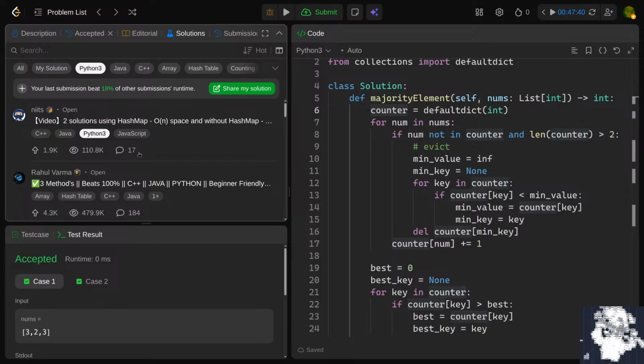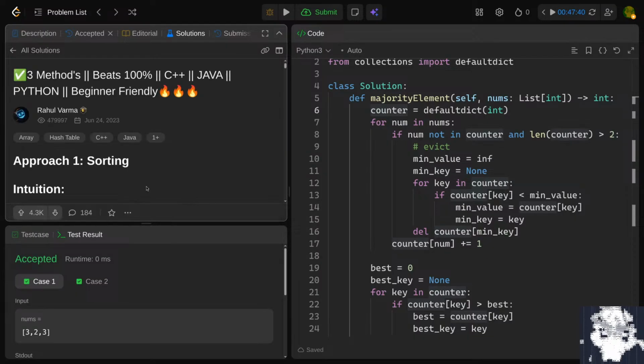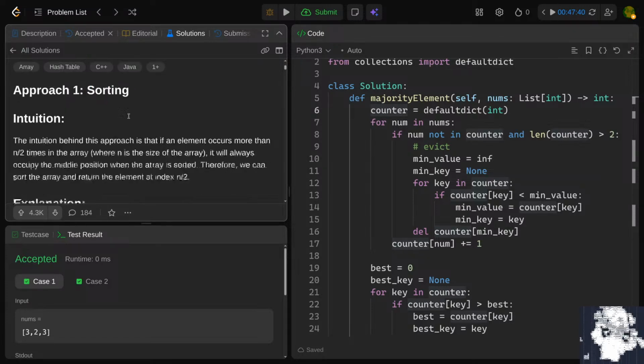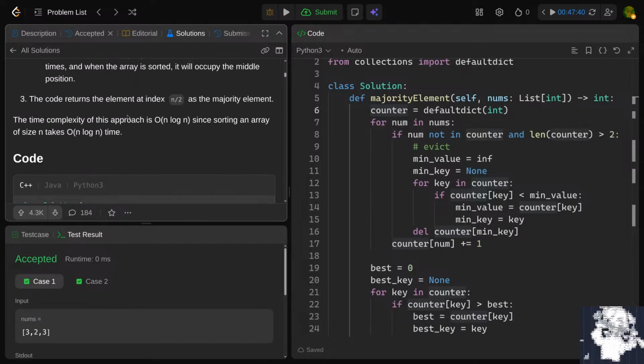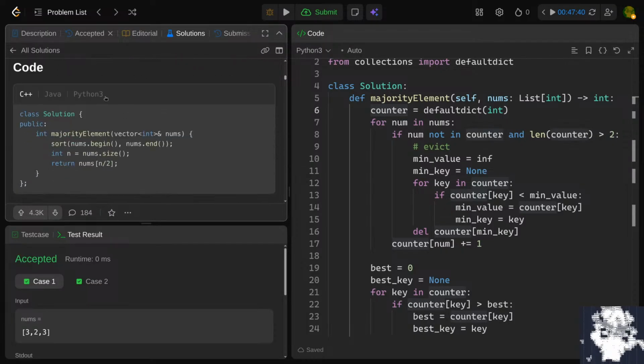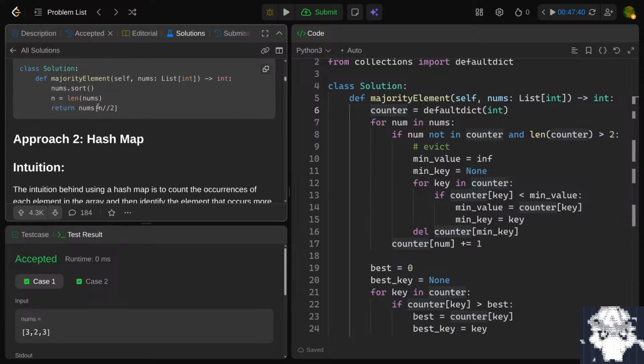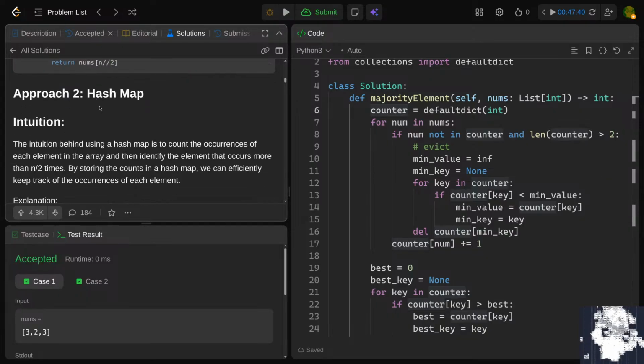So let's take a look at people's solutions. Okay, this was the cool one I was thinking. Sort and then take the middle. But you can't do that if you want O(1) space and O(n) time.